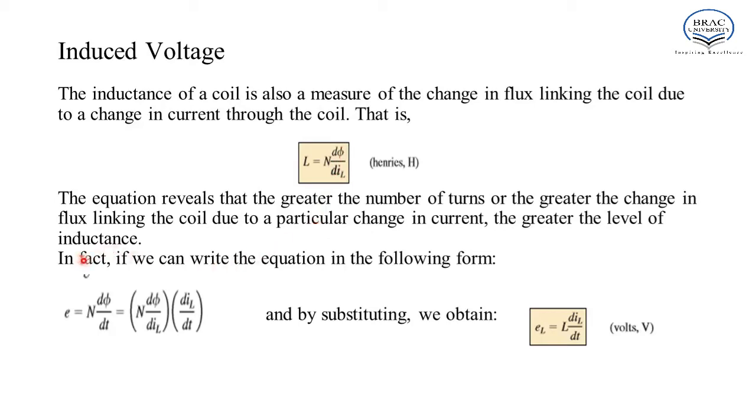In fact, we can derive the equation of voltage across an inductor using the following form. E equals N d phi by dt, which is equal to N d phi by dIL times dIL by dt. By substitution, we can obtain EL equals L dIL by dt.